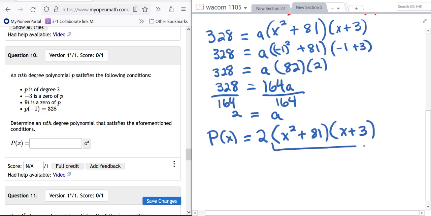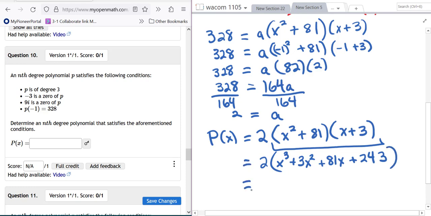I'll do the binomials first. So x squared times x is x cubed. x squared times 3 is 3x squared. 81 times x is plus 81x. And 81 times 3 is plus 243. Right, now I'm going to multiply everything by 2.